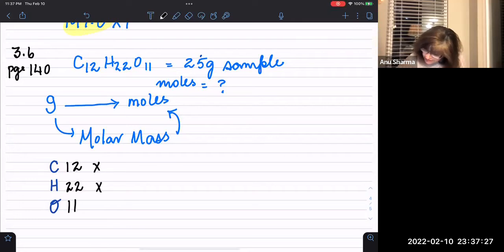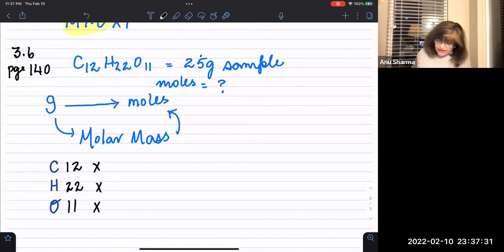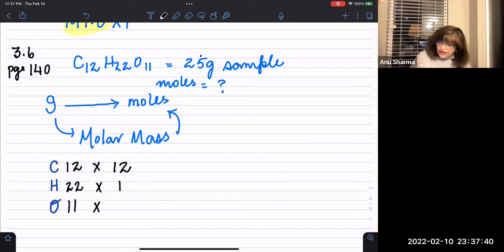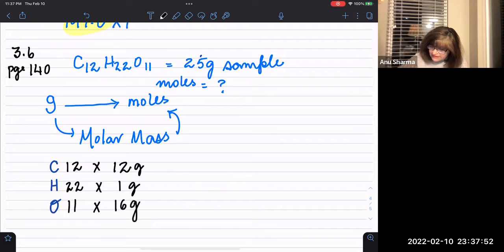The weight from the periodic table: 1 carbon is 12 grams, 1 hydrogen is 1 gram, and 1 oxygen is 16 grams.